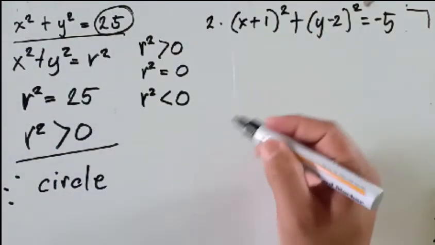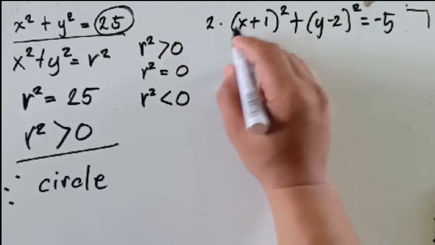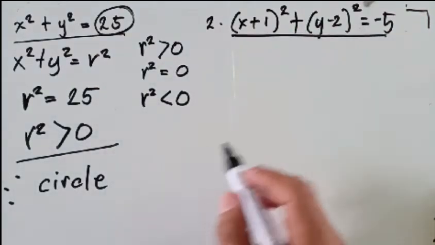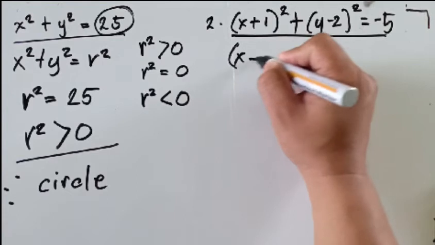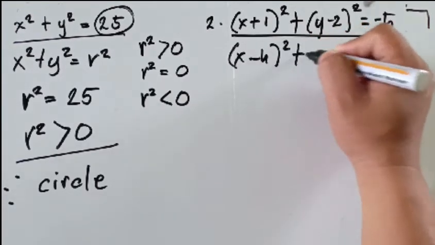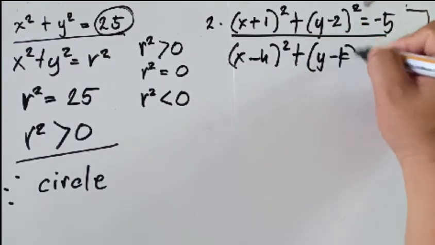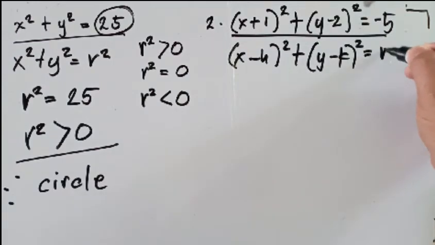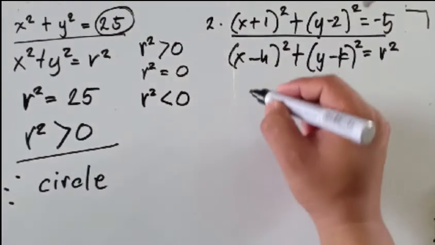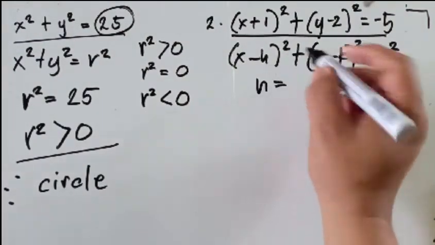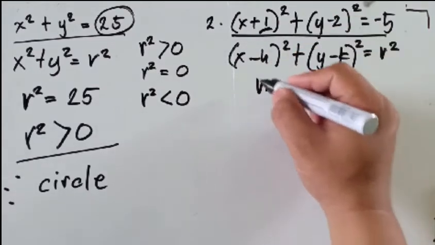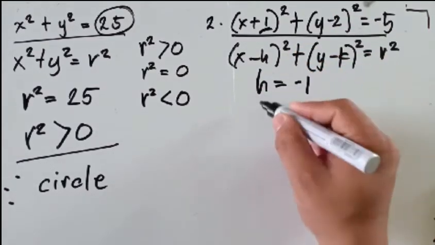Particularly, let's take the center first. Here, the given equation of the circle is in the form of the quantity x minus h squared plus the quantity y minus k squared is equal to r squared. What is the value of h? The value of h is, you are correct, negative 1.